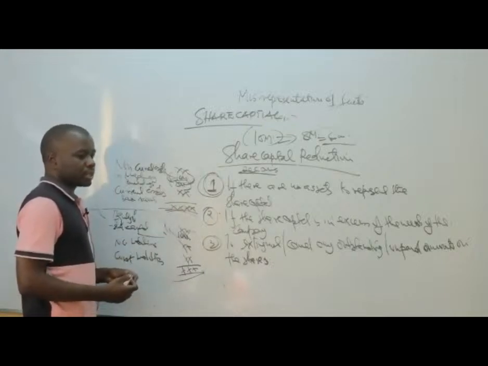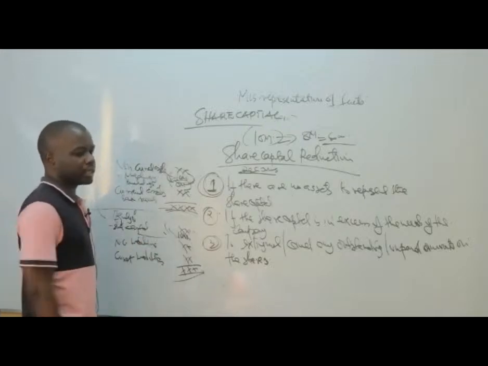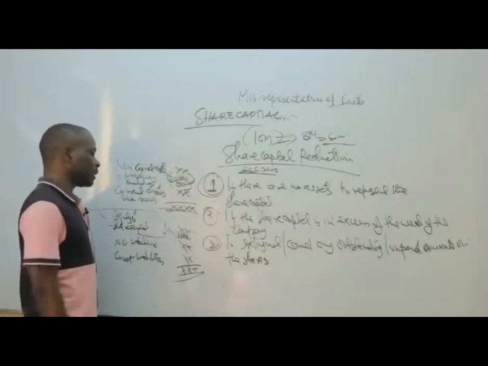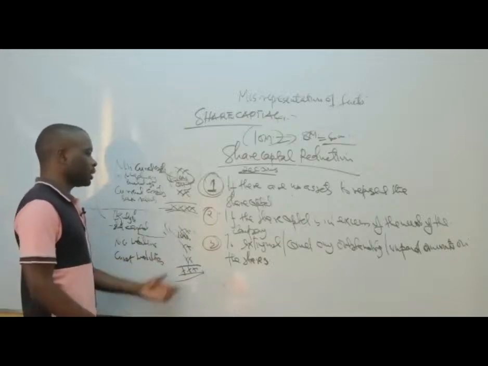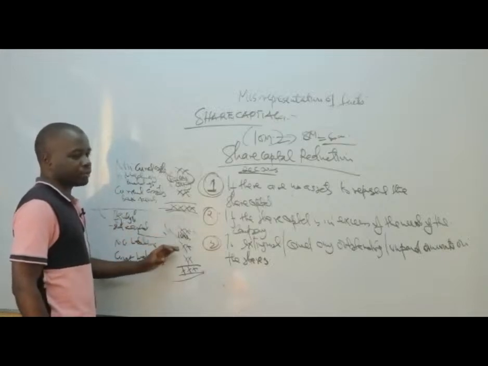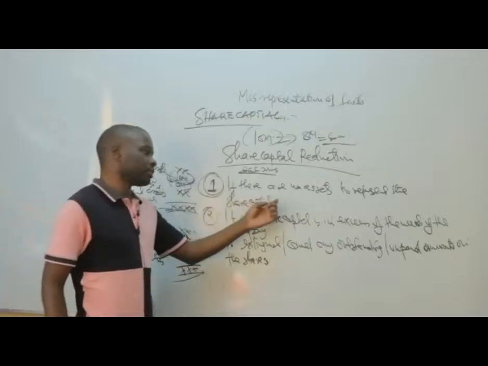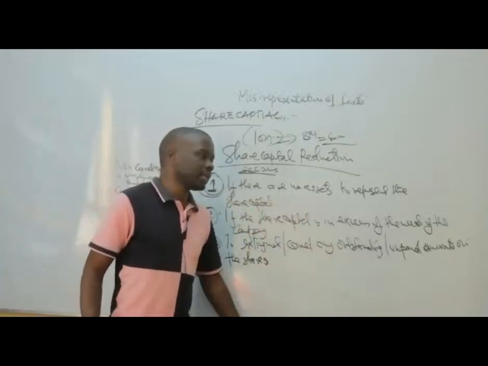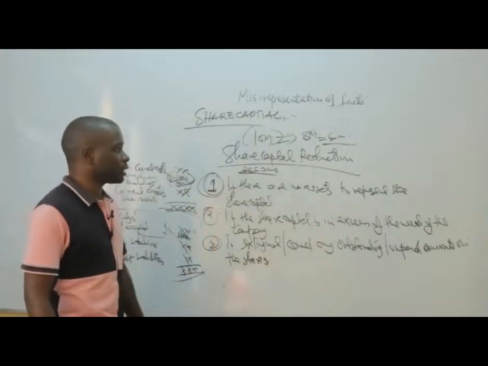So it simply means that the valuation of the shares of the company has to be redone. It will basically reduce the share capital of the company because there are no assets that had been acquired to represent this particular value of share capital in the company. So if there are no assets representing the share capital, the company can decide also to do a share capital reduction.